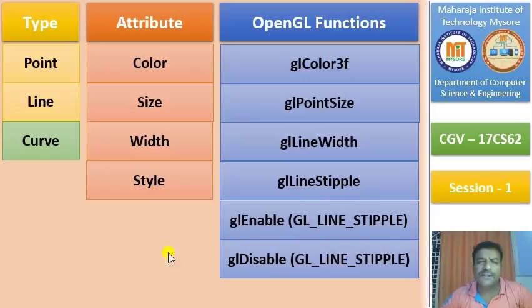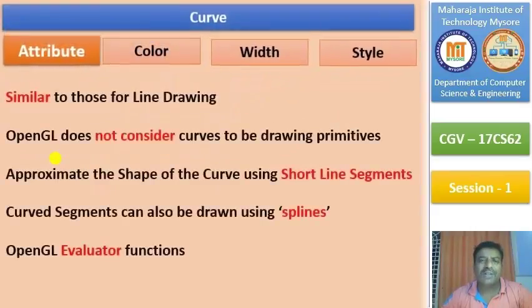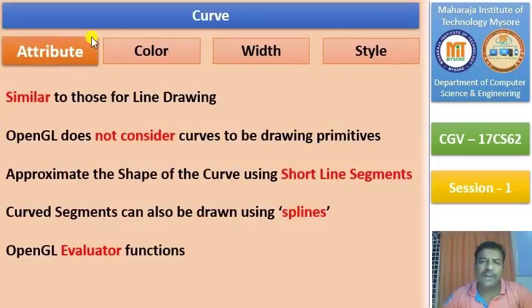Now with these types of attributes, we will have a quick glance at exactly what the curve and its attributes are going to be. The curve attributes are similar to the line attributes: color, width and style. Whatever discussion we have made with respect to line, we can apply to the curve attribute and the curve style also. Hence it is similar to that of line drawing of a curve.